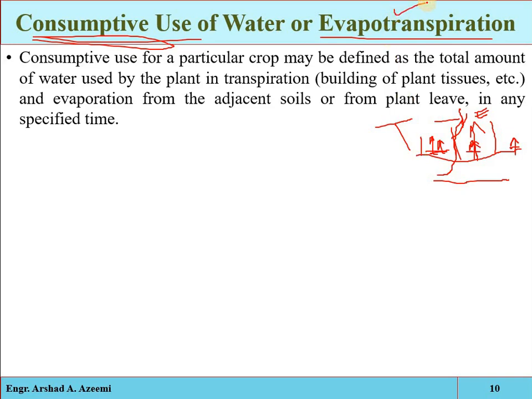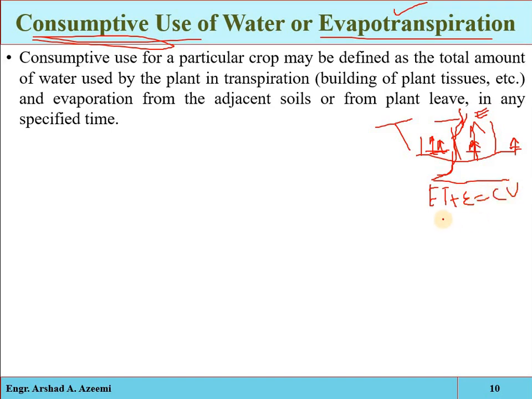Clear? And also some amount of water will be utilized by the plant during some chemical reactions, during the breaking down of food, or during the utilization of the food. So evapotranspiration plus that extra utilization is called the consumptive use.